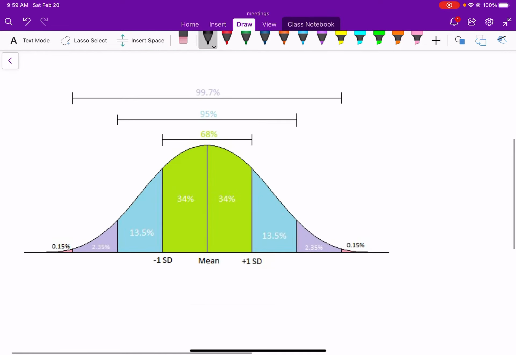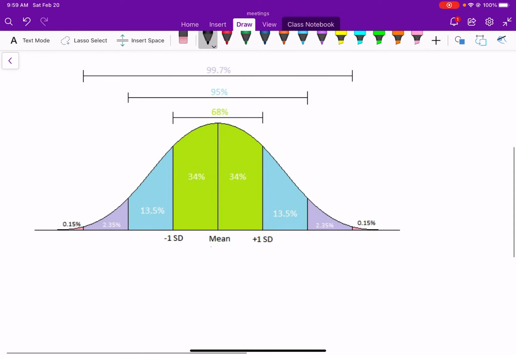So if I look at the picture, again, our mean is at 5. If I take this and add the standard deviation, which is 1.59, that's going to get me here to 6.59.